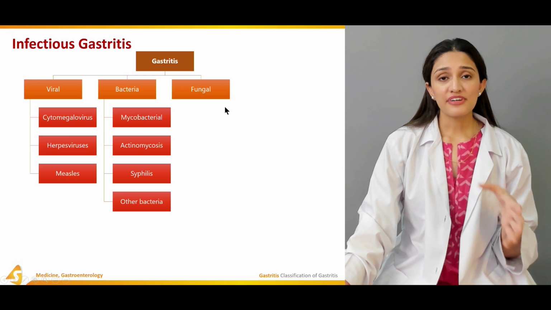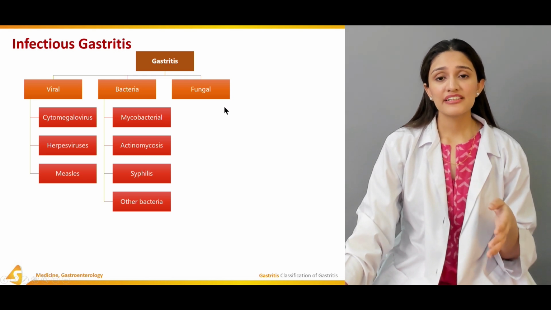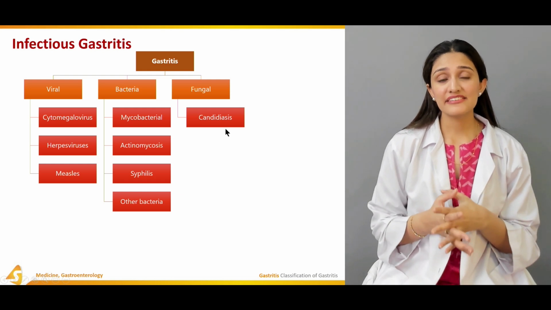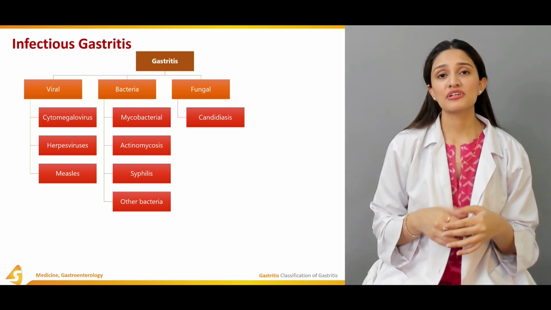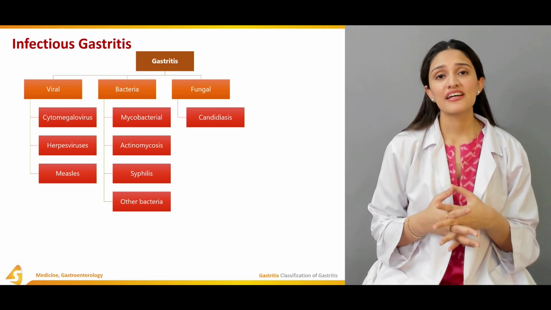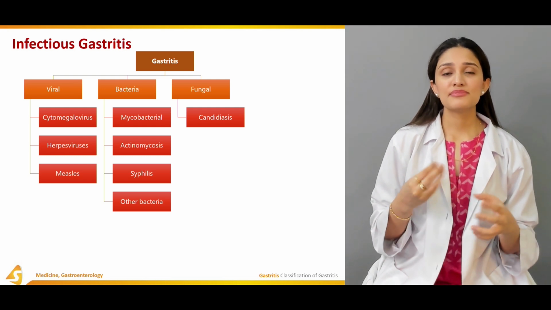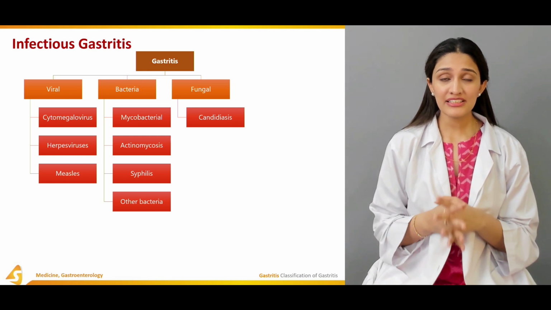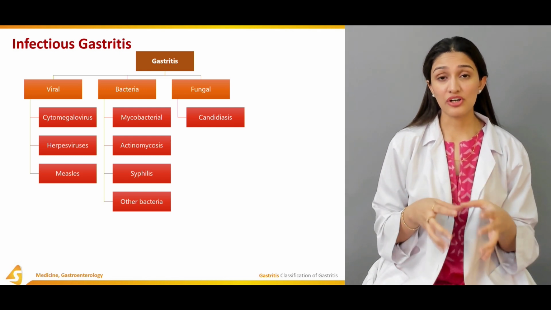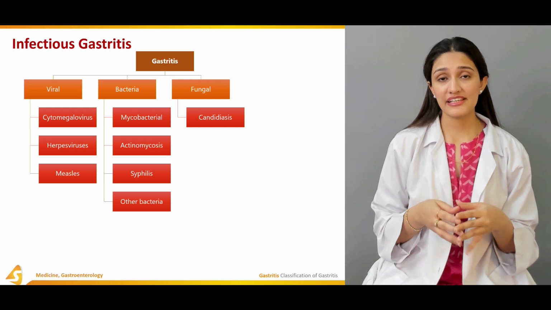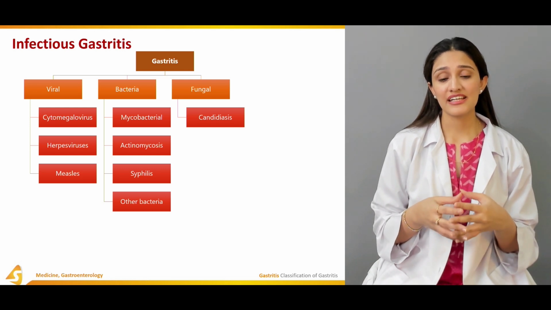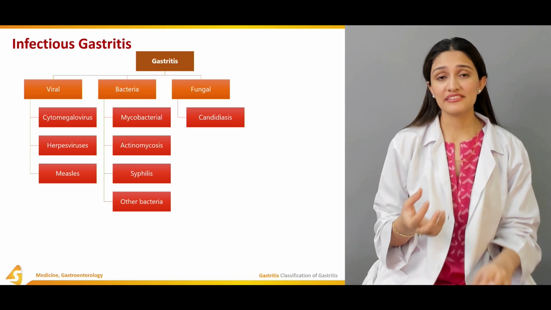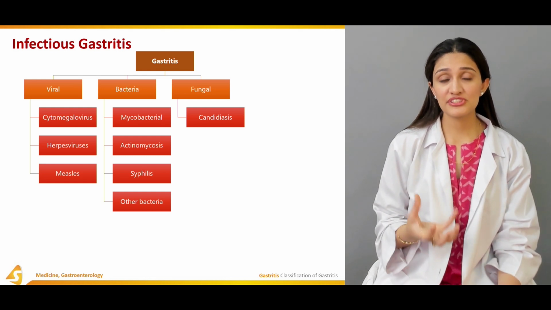If we talk about fungal infection regarding gastritis, it includes candidiasis. Candidiasis is usually occurring in patients who are more immunocompromised and patients who have been through treatments with steroids. The gross appearance of candidiasis regarding gastritis is that the patient might present with edematous and superficial erosions.